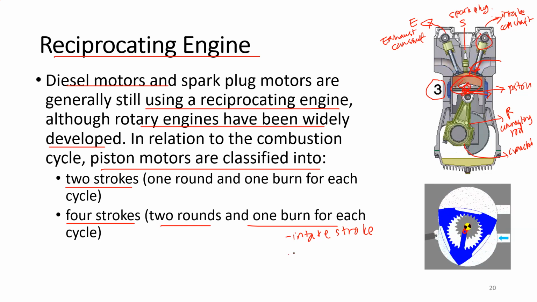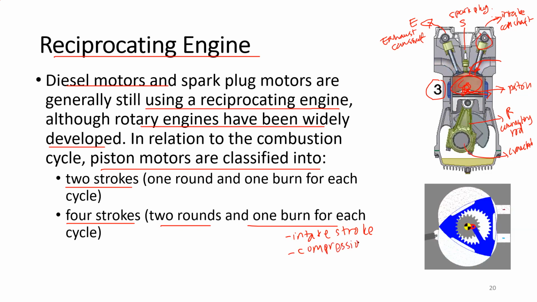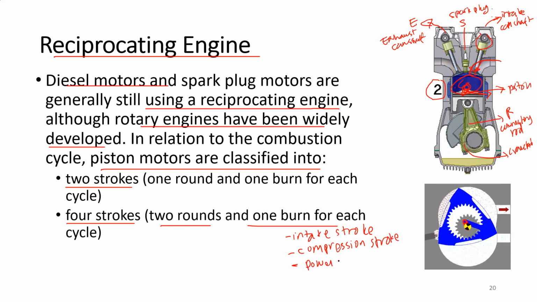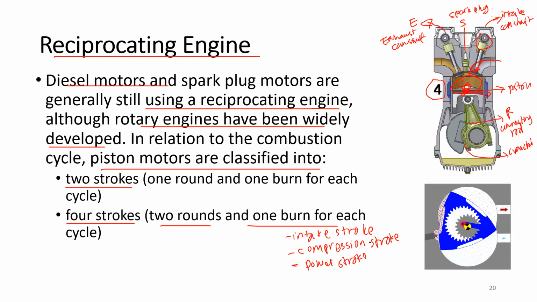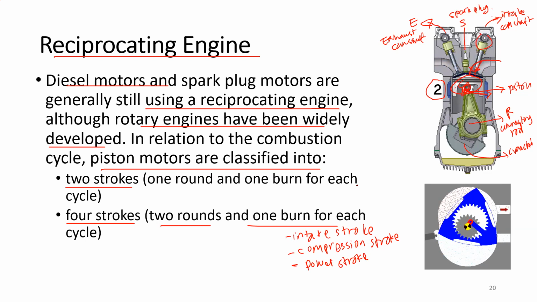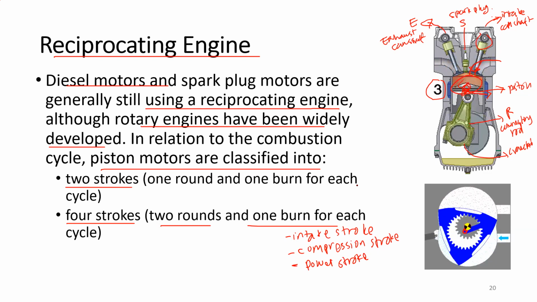So after the intake stroke, there is the compression stroke. The third one we call the power stroke. The power stroke occurs when the piston gets near the top of the cylinder.